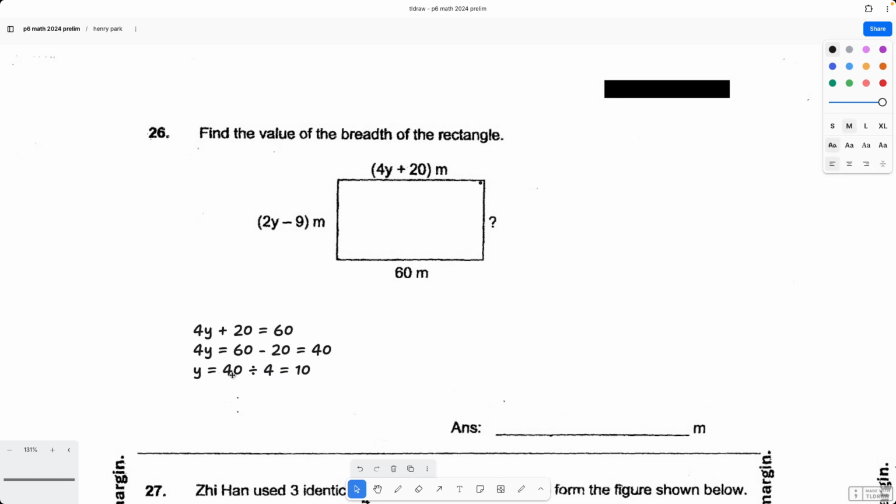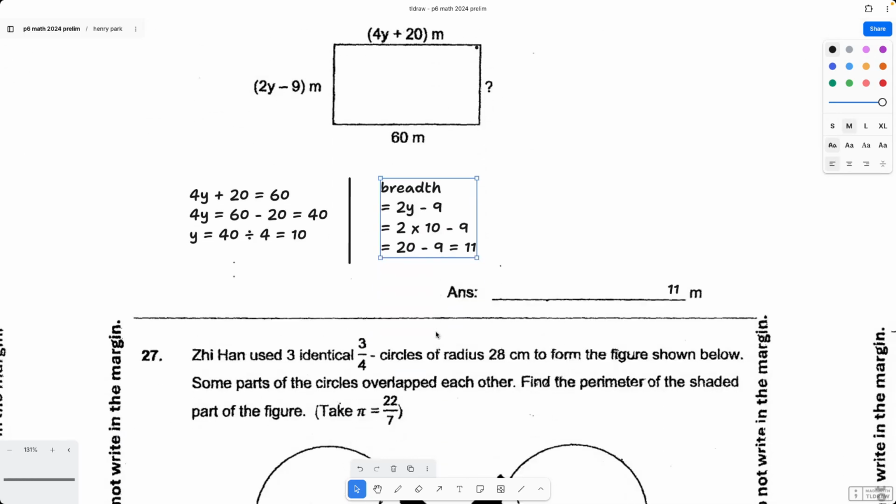So that's the y part. Then the breadth is equal to 2y minus 9, or basically 2 times 10 minus 9, which is 20 minus 9, equal to 11. So the answer is 11 meters. Okay, let's move to the next question.